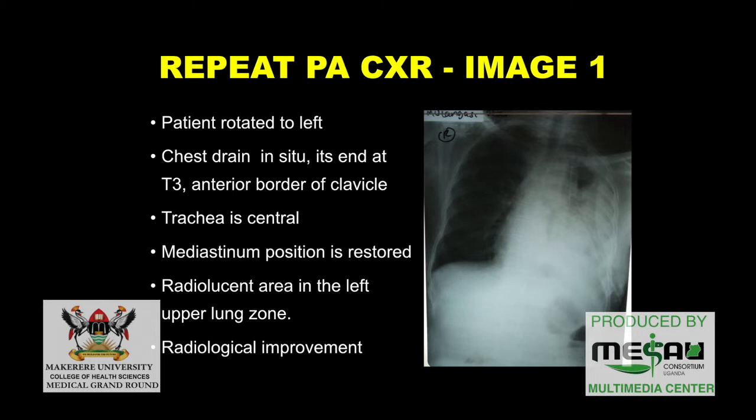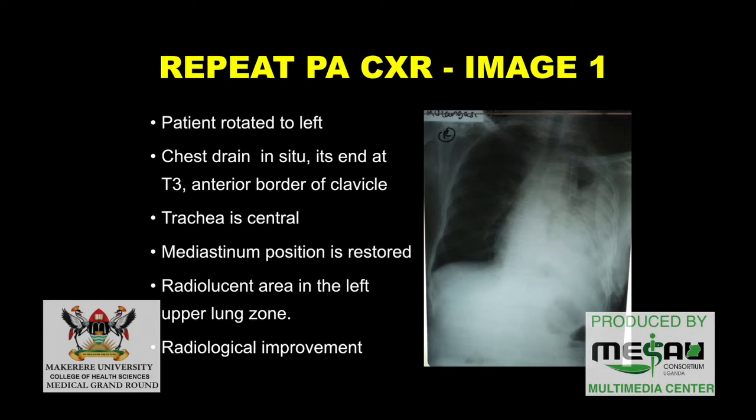This is the chest tube which was inserted. It goes up to around the upper zone, towards the clavicle. At the anterior border of the clavicle, that is the end of the chest tube.